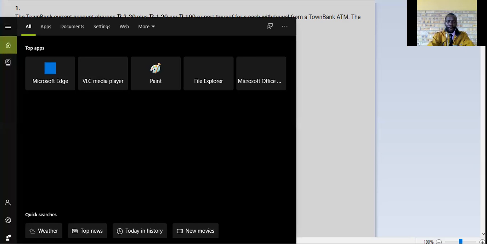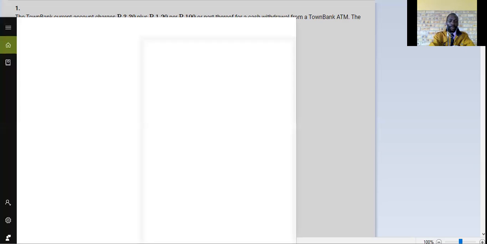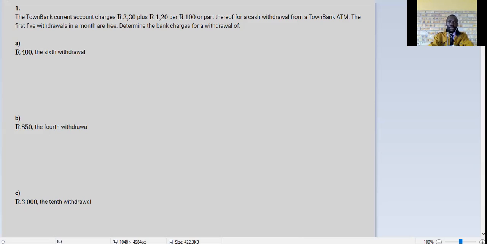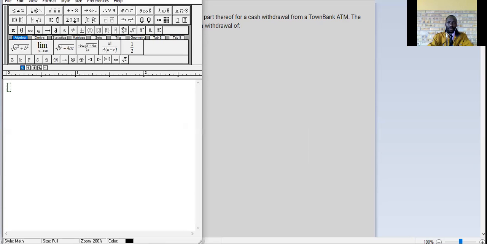Well, let me have my calculation tab right here, so that we can do this calculation in writing. So as I indicated, Town Bank charges 3.30 rands plus 1.20 for every what?